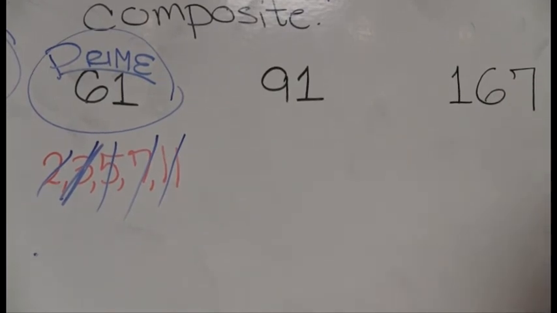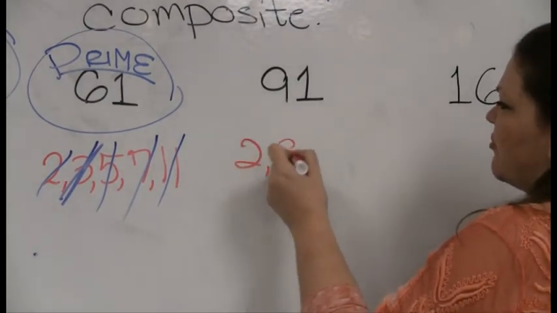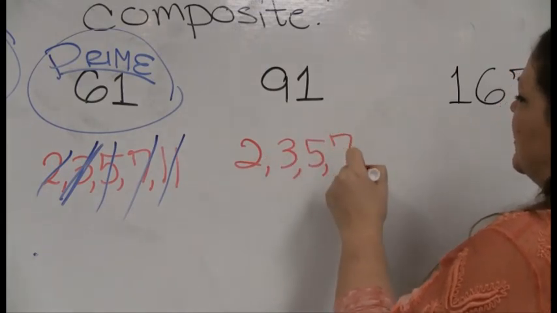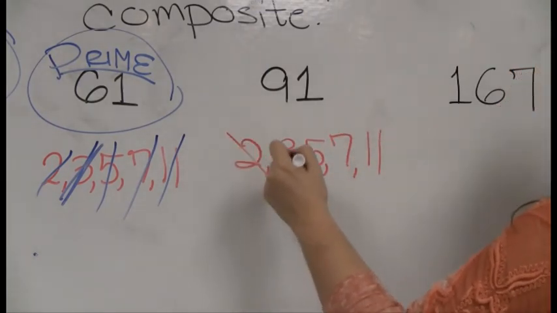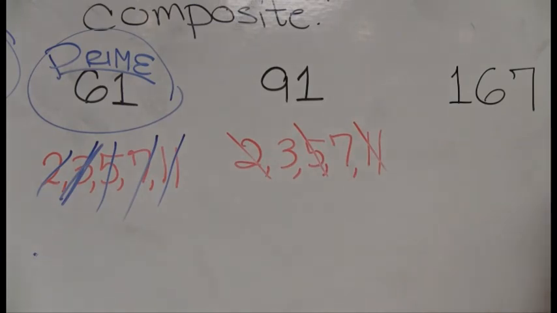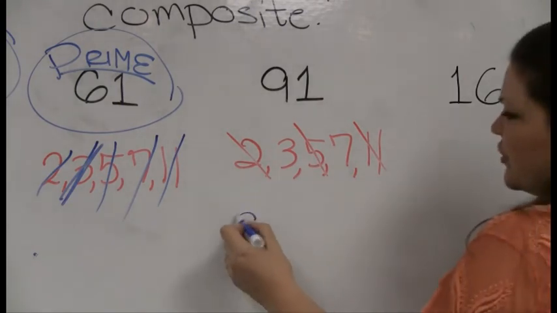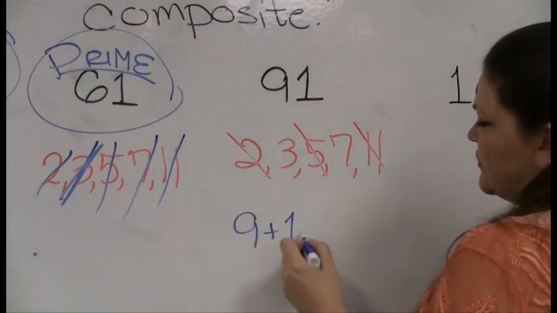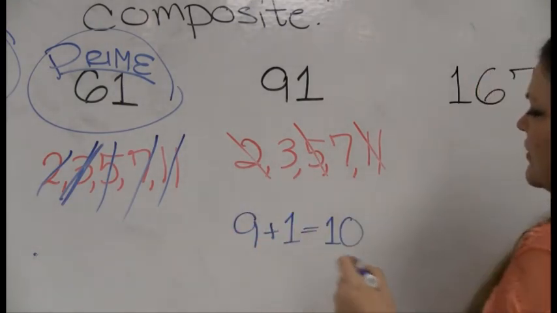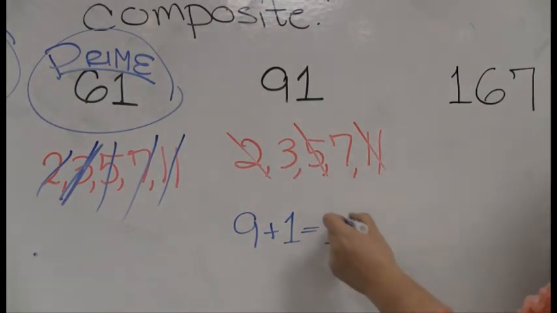Okay, so again, checking for my first 5 primes. And I won't walk you through it again, but there's no 2, there's no 5, and there's no 11 there. So I'm left to check for 3s and 7s. Okay, so I'll do my trick for 3s. 9 plus 1 is 10. Does 10 divide by 3? Does not.